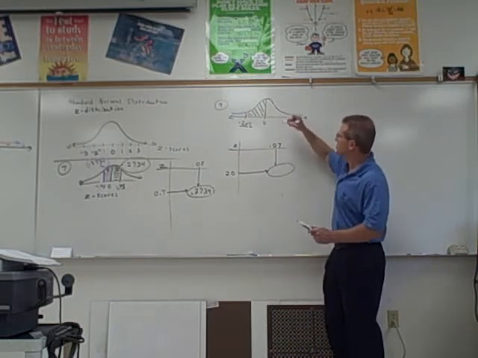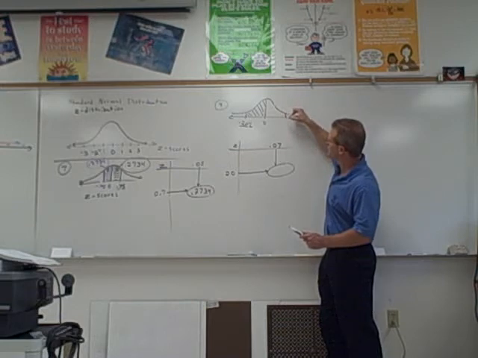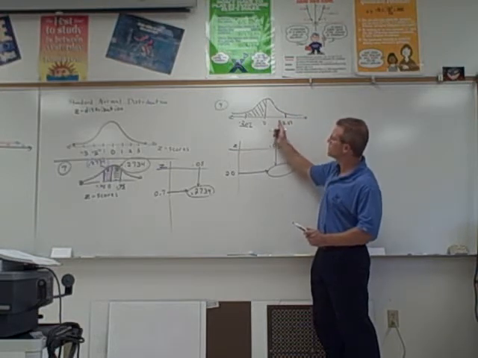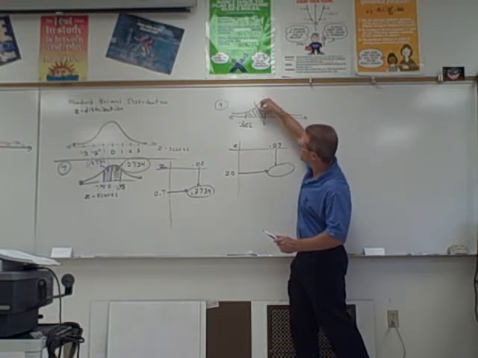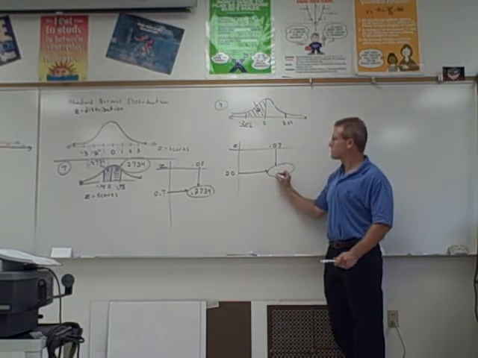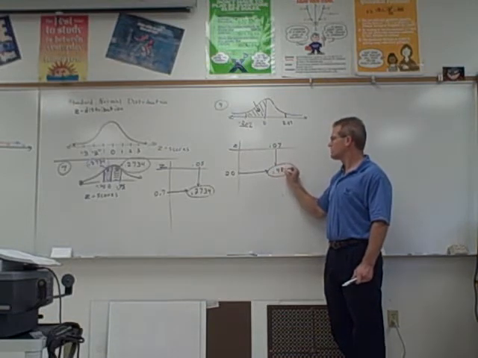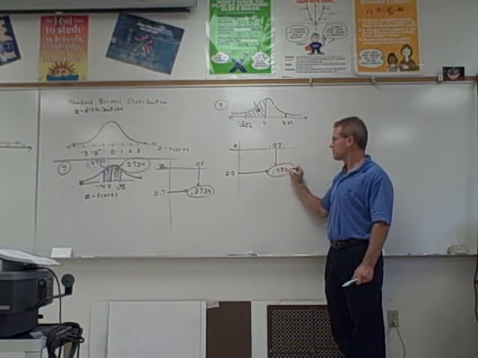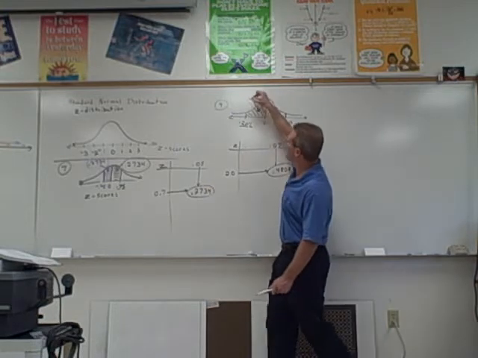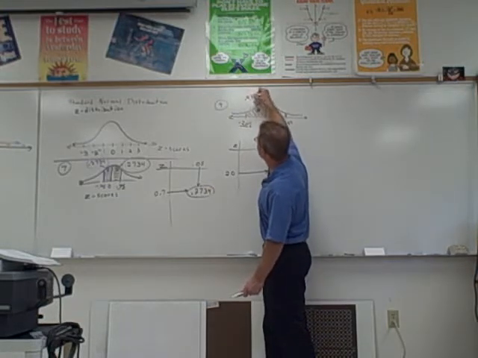That's going to give you the area to the right of 0, the area between 0 and 2.07. But because the graph is symmetric, we know that this area over here will be the same thing. So what's that come out to? Is it 0.4 something? 0.4808. Okay, so that area is 0.4808.